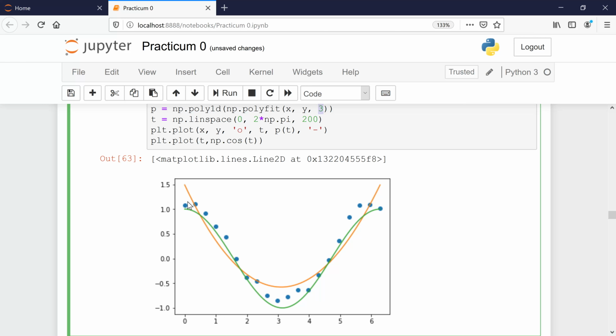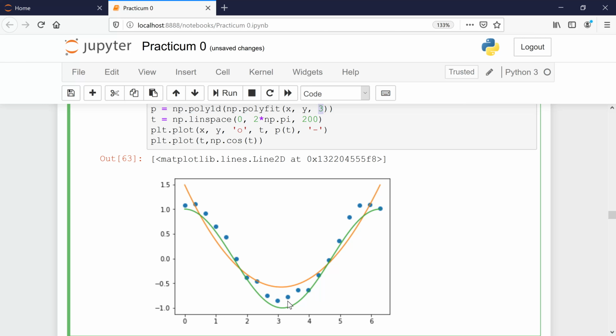So you see that these two are approximations of the data. This is what we call a fitting curve. And it's very important because in practice, you have a data set and you try to fit a mathematical function to it.